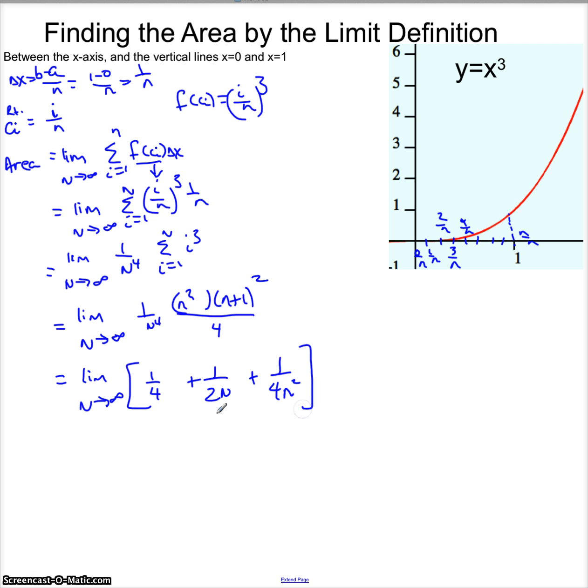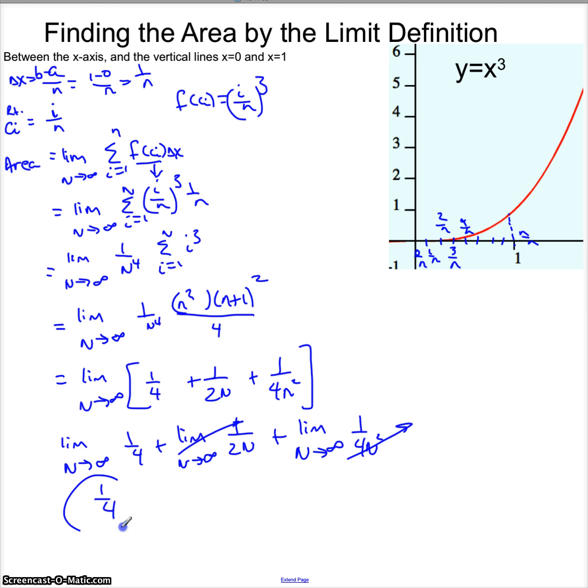I'm not going to show you all those painful steps. We've already done those. Now what happens? You take the limit as n goes to infinity. This is the limit of 1/4 plus the limit of 1 over 2n plus the limit of 1 over 4n squared. That's 0, 0, so your answer is 1/4.